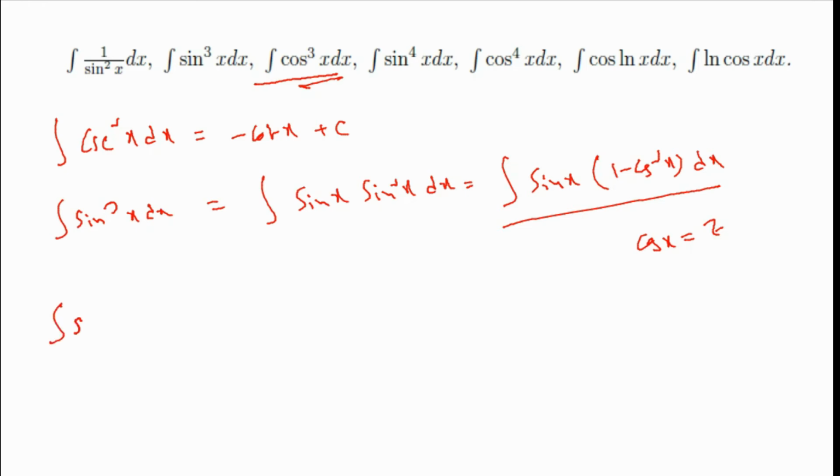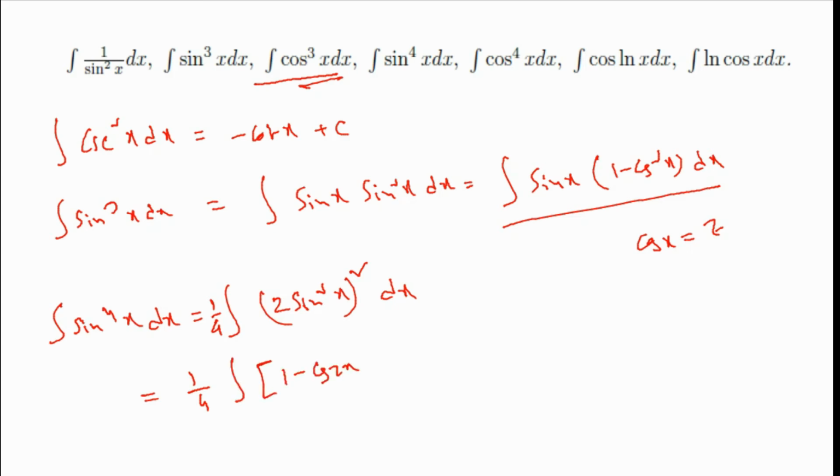Now sin power 4x dx, you can just write as 1 by 4 into 2 sin square x whole square dx. Now you can write it as 1 by 4 integration 1 minus cos 2x whole square dx, and 1 by 4 into 1 minus 2 cos 2x plus cos square 2x dx.